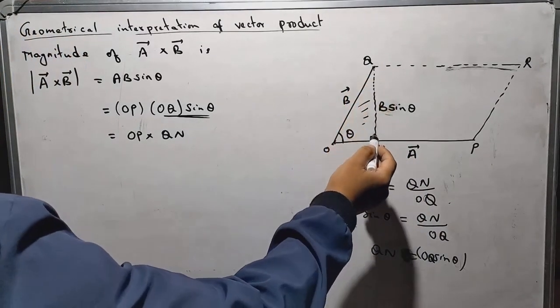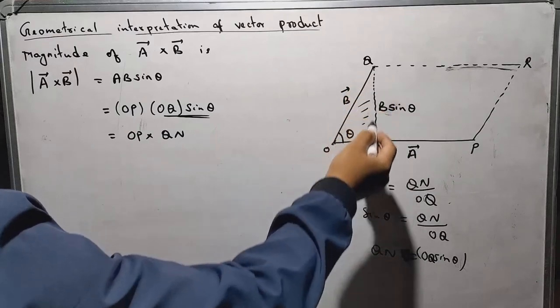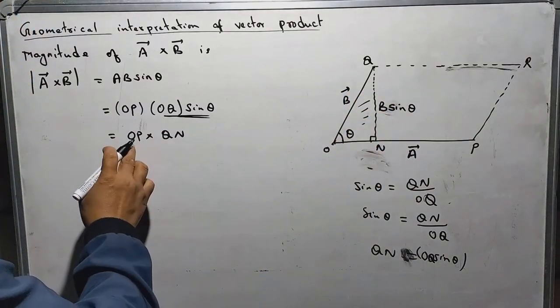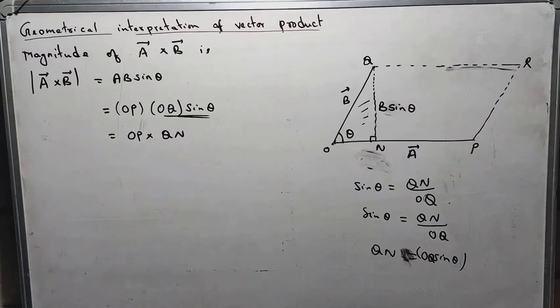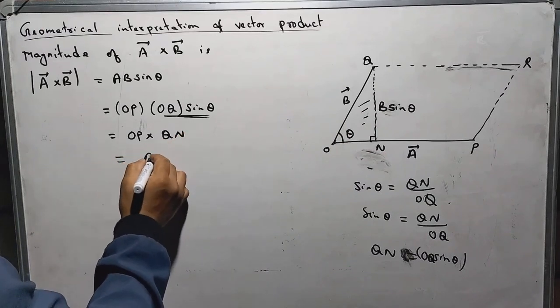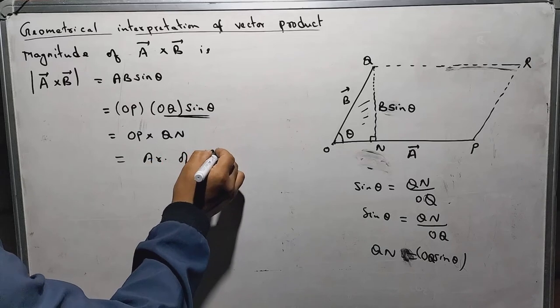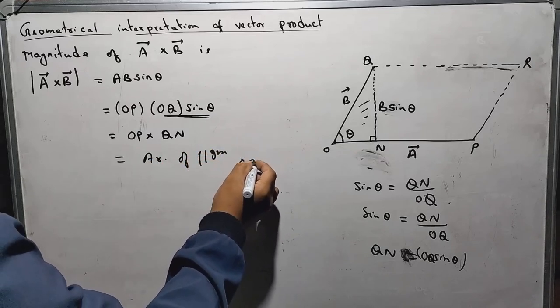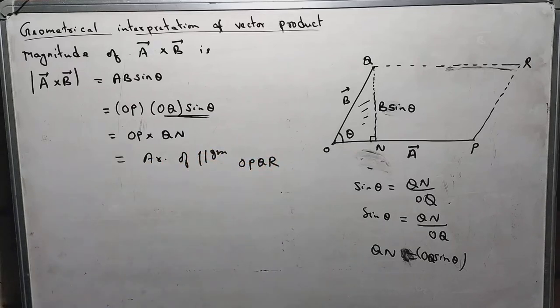QN is the perpendicular distance between the parallel sides of a parallelogram. So base into perpendicular distance is what? Area of parallelogram. Which parallelogram? OPRQ. So therefore, we conclude that the magnitude of the vector product of two vectors is equal to the area of a parallelogram in which the two vectors are represented by the two adjacent sides of the parallelogram.